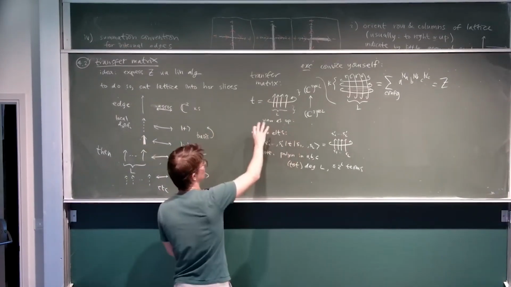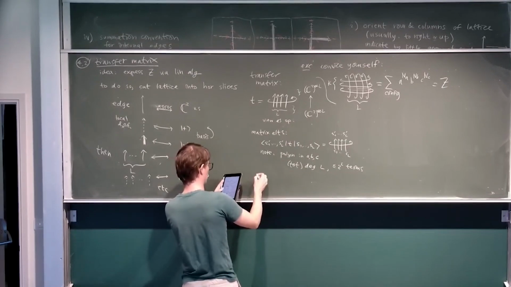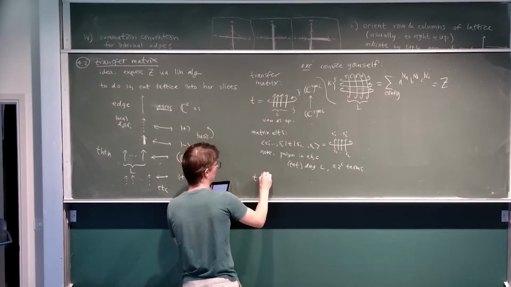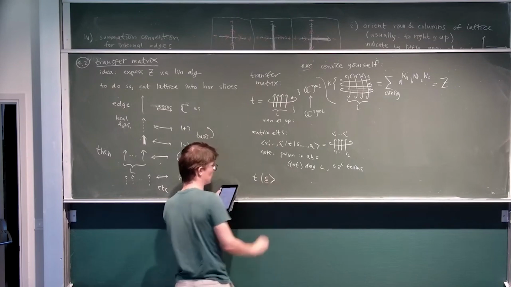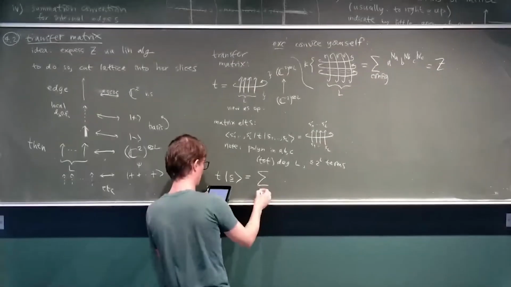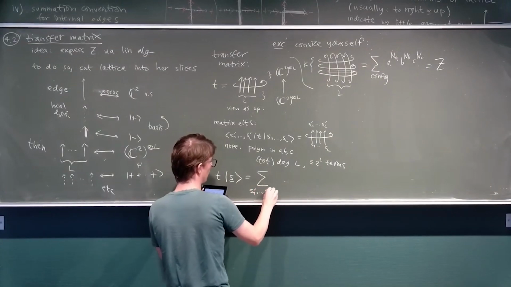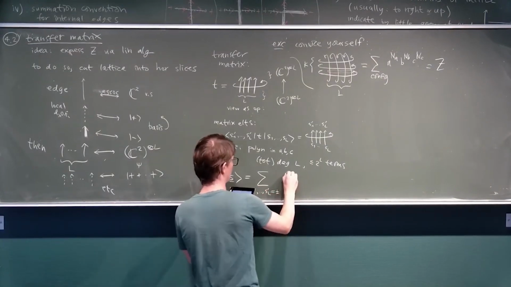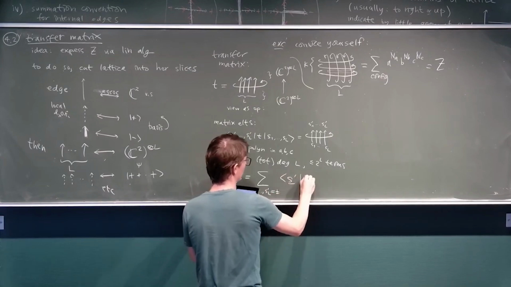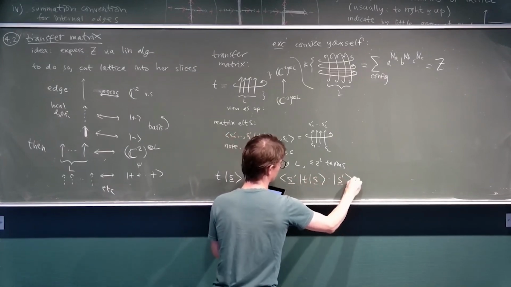Maybe I should also say, because I say you can view it as such an operator, let me write the corresponding expression. If we take a spin configuration and act on it with the transfer matrix, we're going to get a linear combination of all the possible S prime 1 up to S prime L, plus or minus. Then we're going to get S prime, T, S, and then the vector S prime.